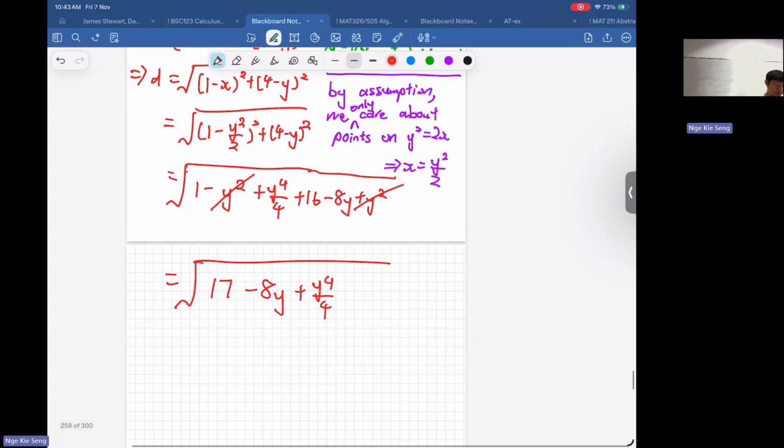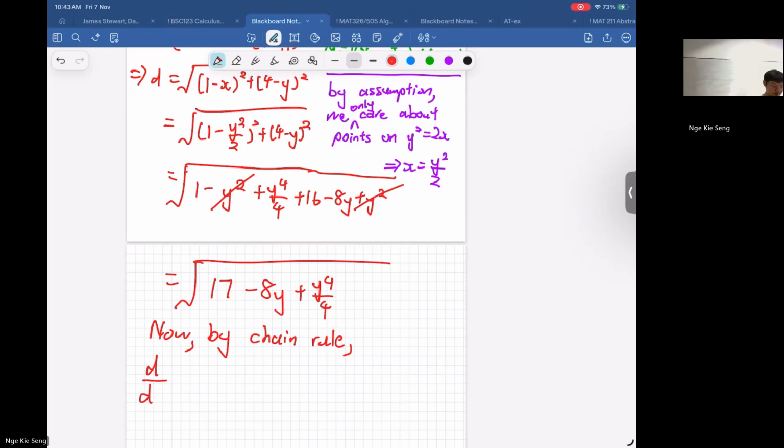So let's do it. If I want to differentiate d with respect to y, I should use the chain rule here. Let's write it as a function.